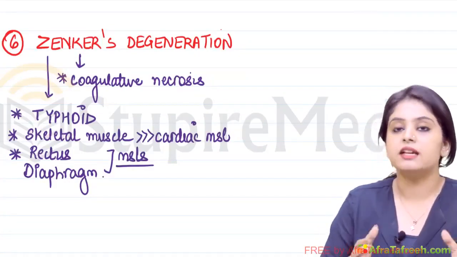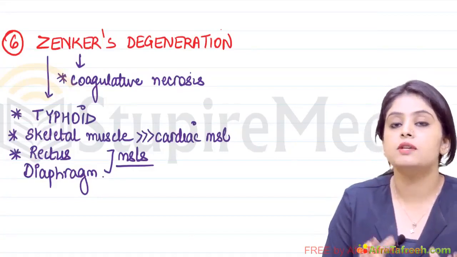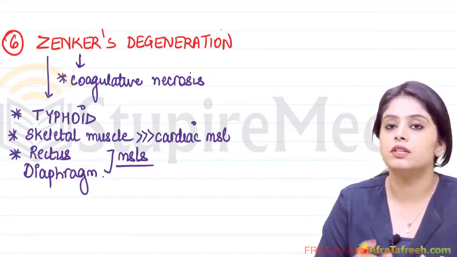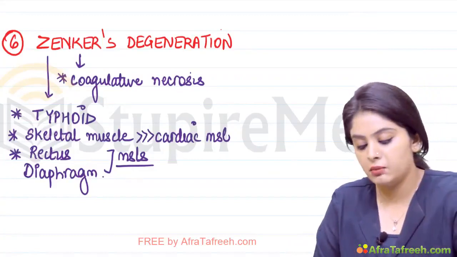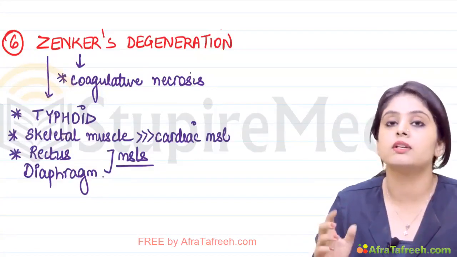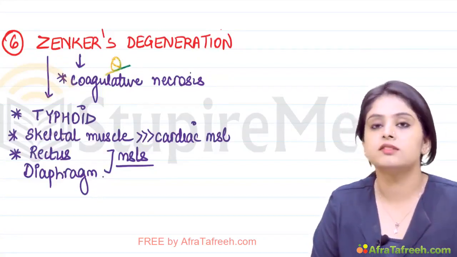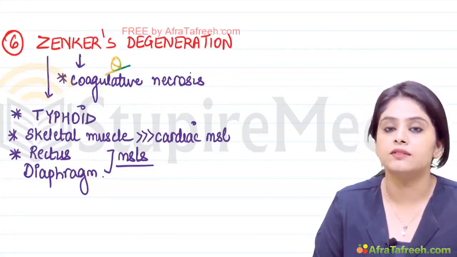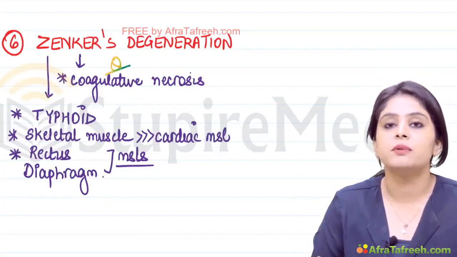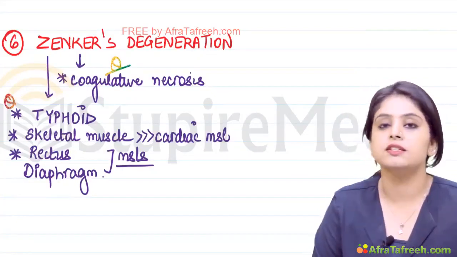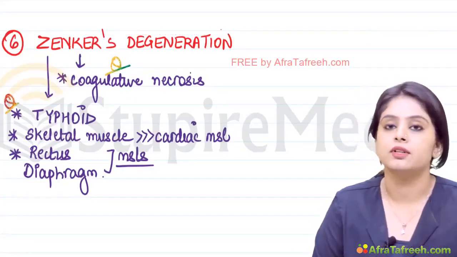So students, Zenker's degeneration, remember every word that we have discussed over here is a high yield point. Every one of these is an important MCQ that you need to know. Question number 1, what type of necrosis is it? Correct, coagulative. Question number 2, what is special about it? Which infection is it seen in? It is seen in typhoid.